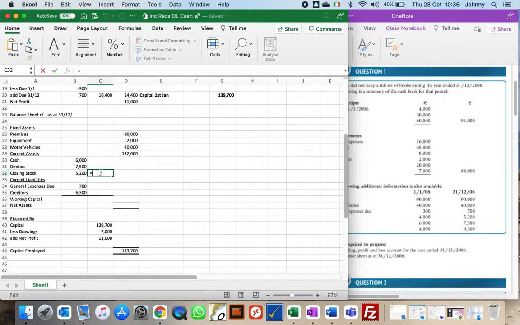So now I can add these numbers together. So my working capital then is those two taken away. Okay, and in this case, my balance sheet does balance, so the question should be correct.